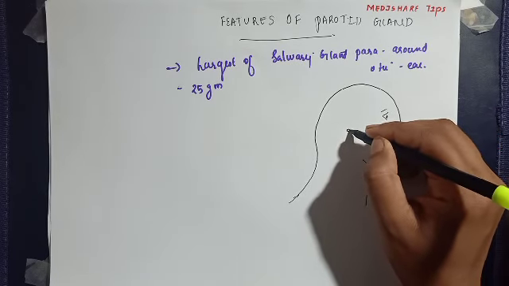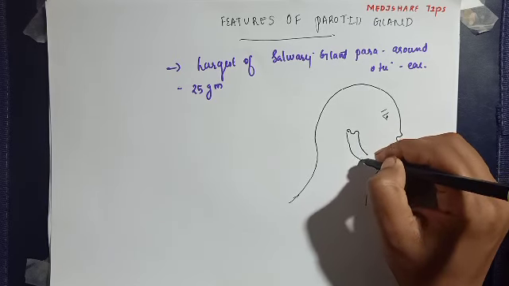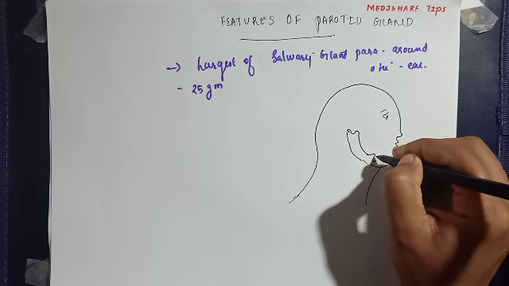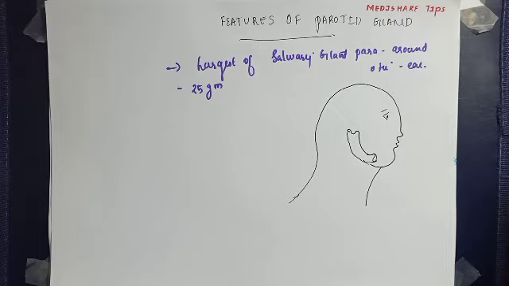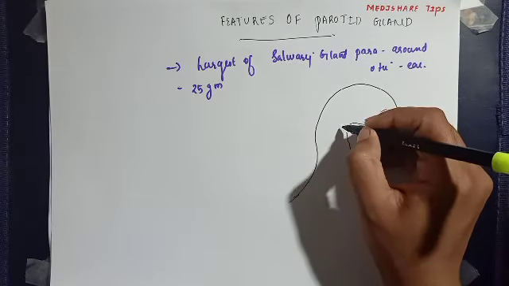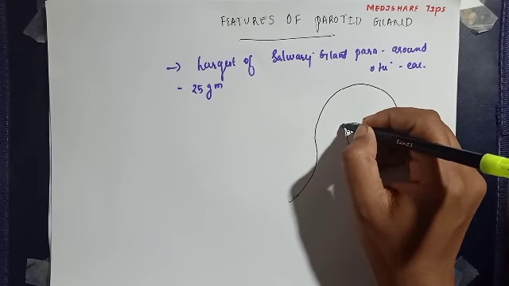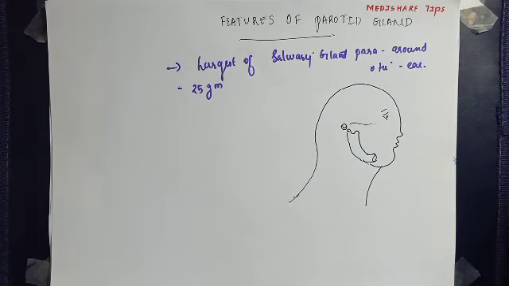What I am drawing here is the ramus of the mandible. I am drawing the zygomatic arch also. Here it is the external auditory meatus.